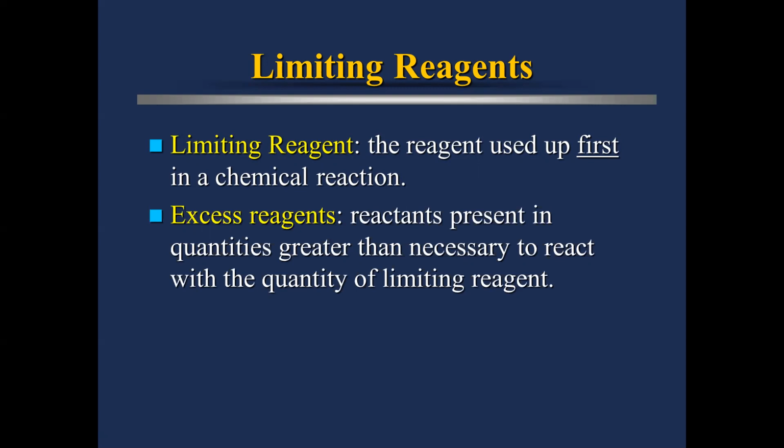Like the vinegar, it's totally consumed first, and when you add more soda, no further reaction will happen. Another one is called the excess reagent. That means the reactant that is greater than necessary. In other words, there will be some leftover.